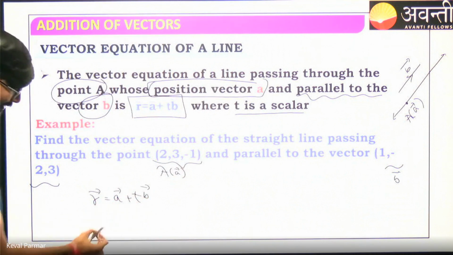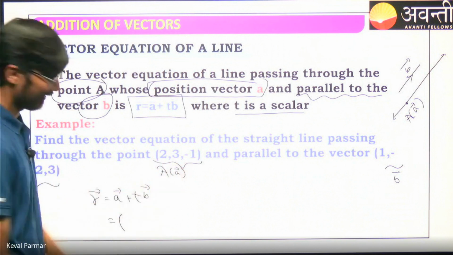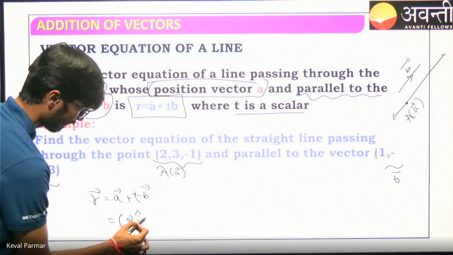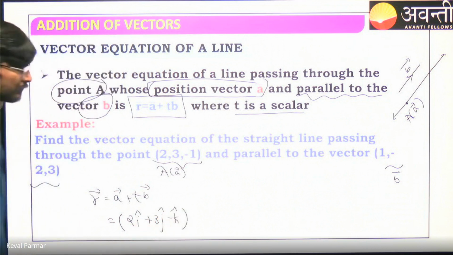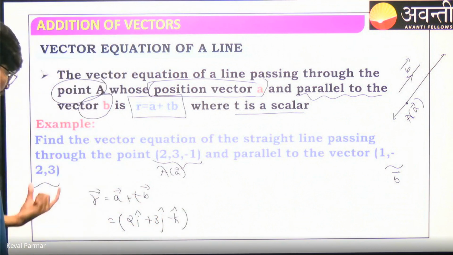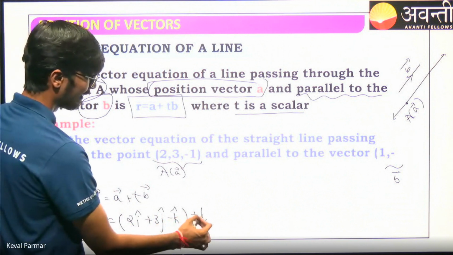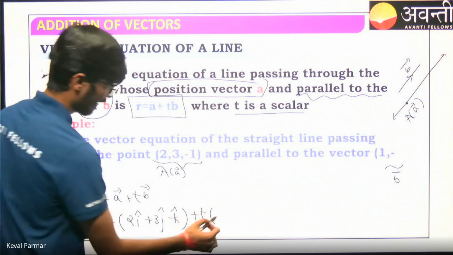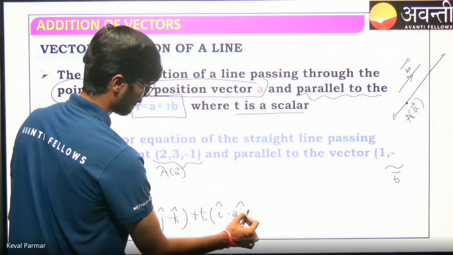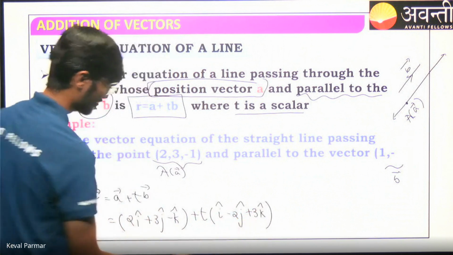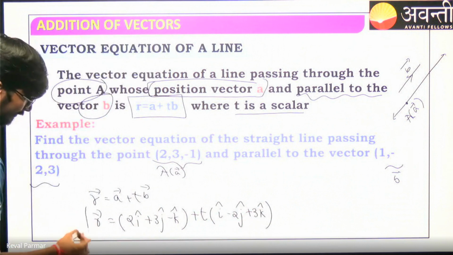Let us substitute A vector. A vector I can write 2i cap plus 3j cap minus k cap. What is B vector? B vector I can write plus t times i cap minus 2j cap plus 3k cap. As simple as that. This is my equation.